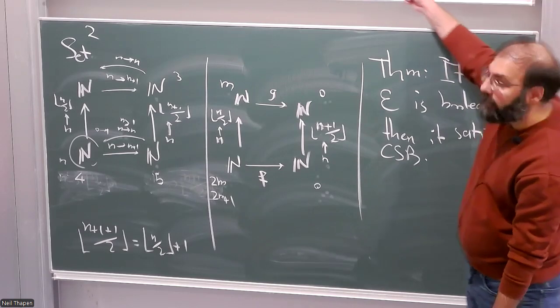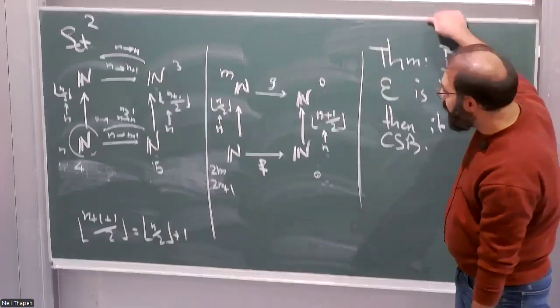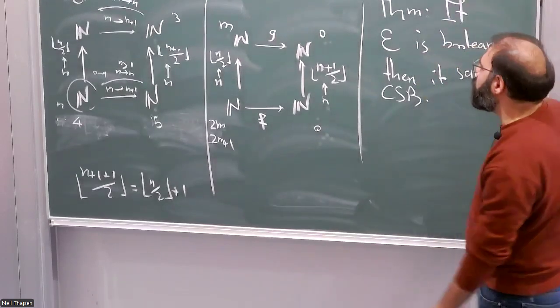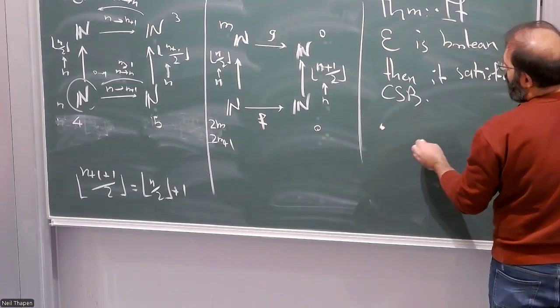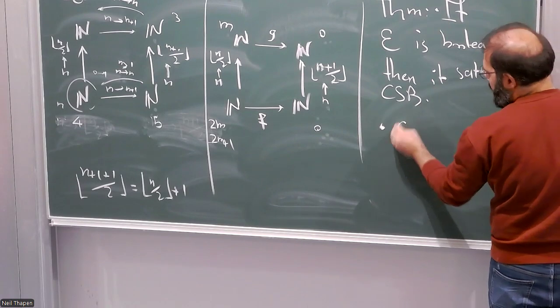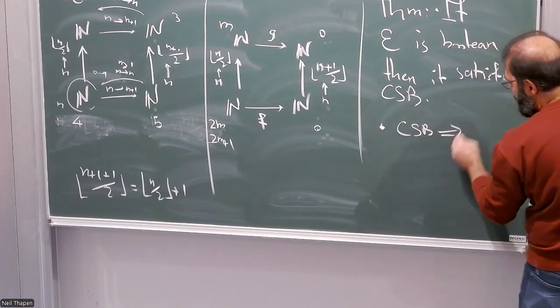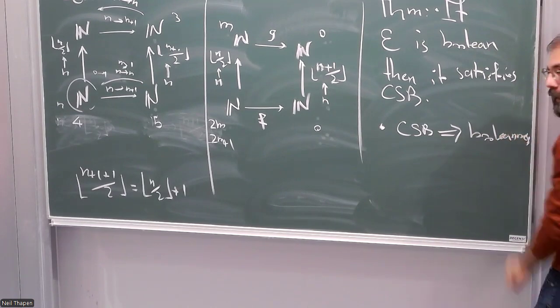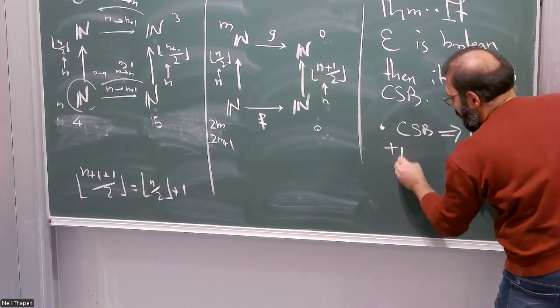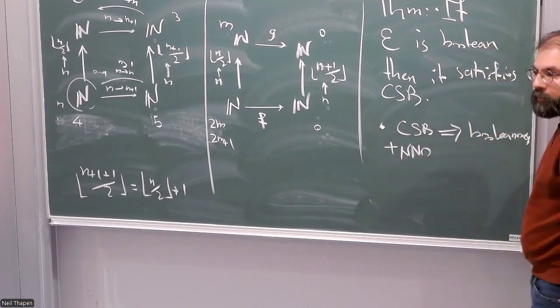The problem here is that it is intuition. The converse is kind of true, not really. You expect that CSB implies Booleanness, right? That's not true really, but if you have an NNO, then it is.